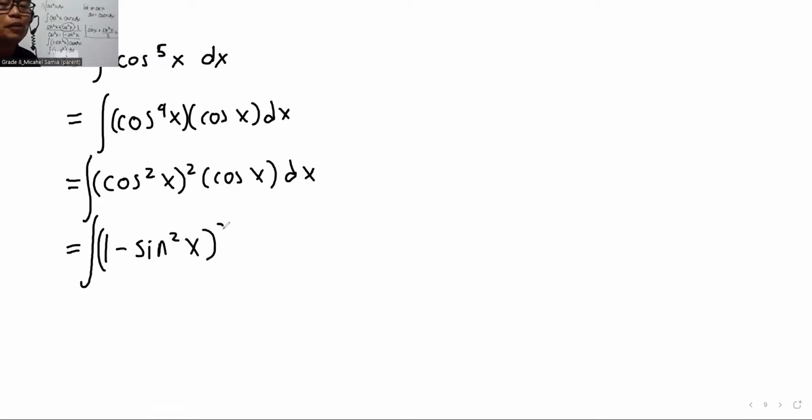Same value: cosine squared x is equal to 1 minus sine squared x from the identities. Let u equals sine x.